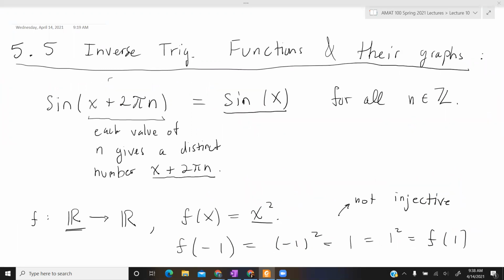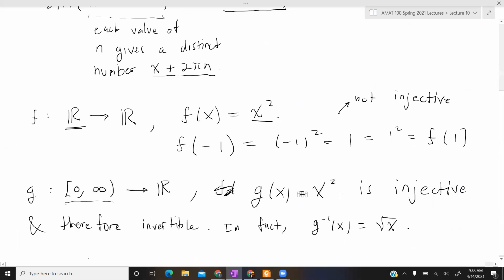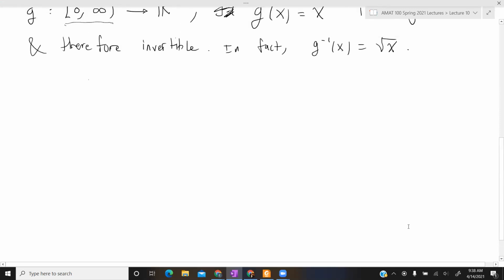So we can summarize this as follows. This is the inverse sine function.